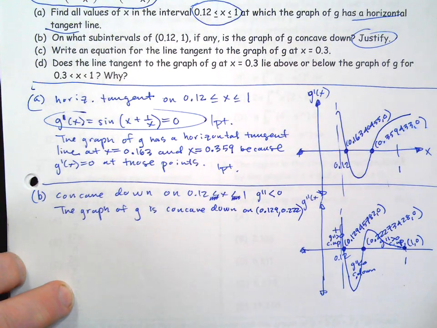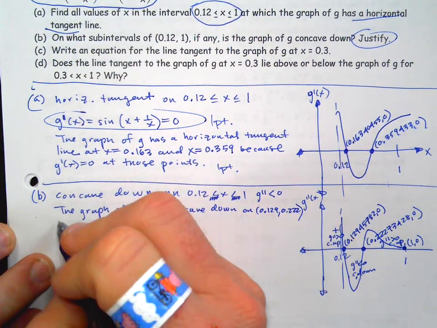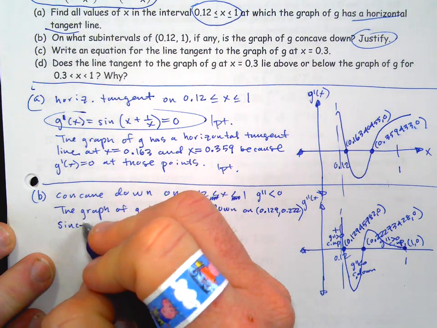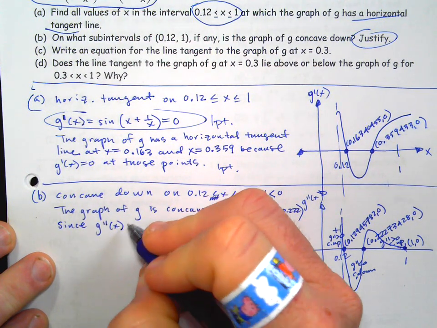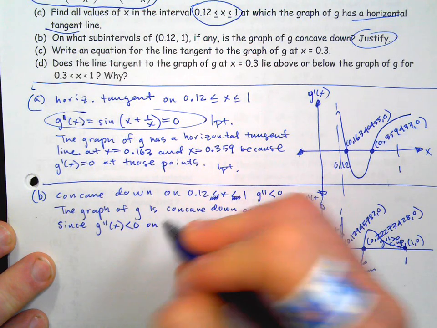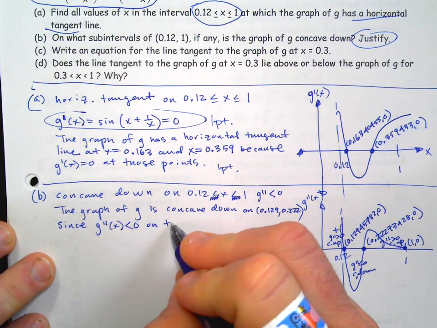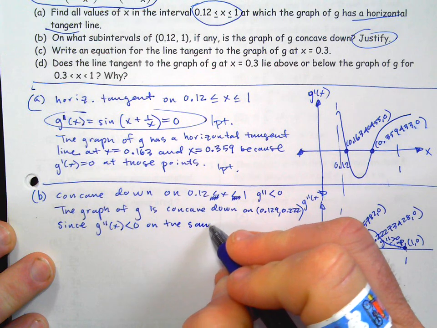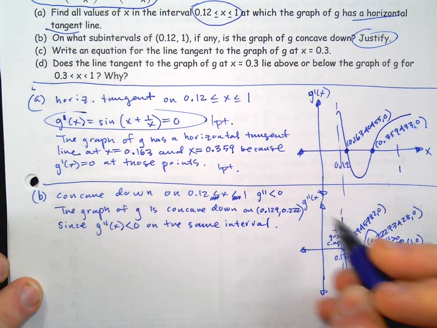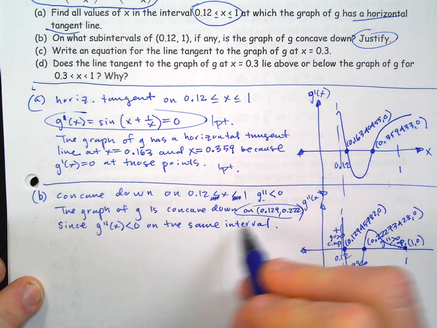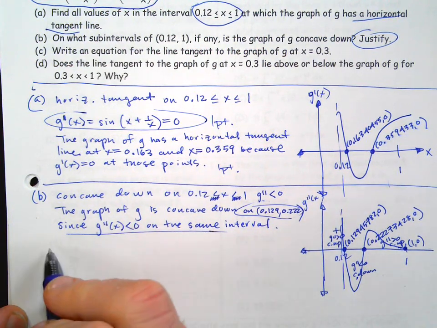Don't include the endpoints. Since g double prime of x is negative on the same interval. So I think that's a point for your answer and a point for your justification.